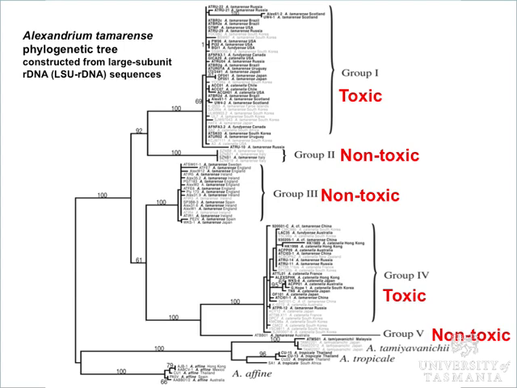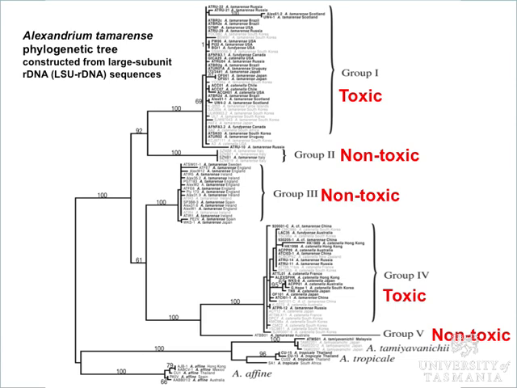Group 3, generally in southwest England and western Europe, generally doesn't produce any toxins, and you can see the same kind of species name has been applied to everything in that group in the past. As it turns out, the first description of this organism was from the south coast of England back in the 1920s.